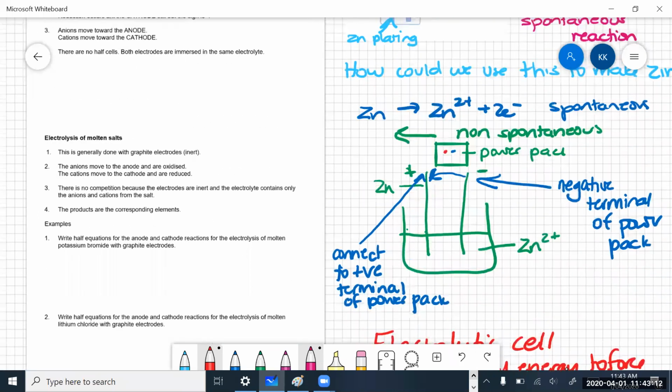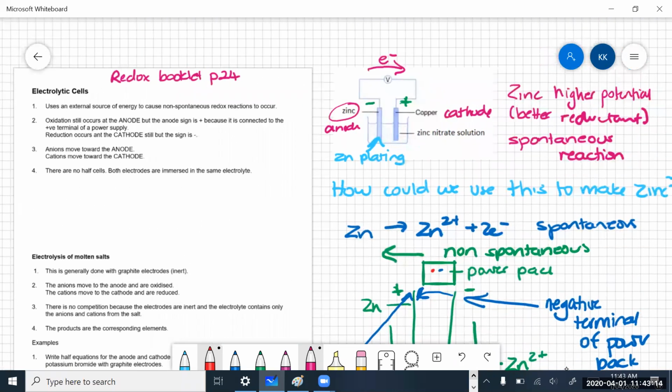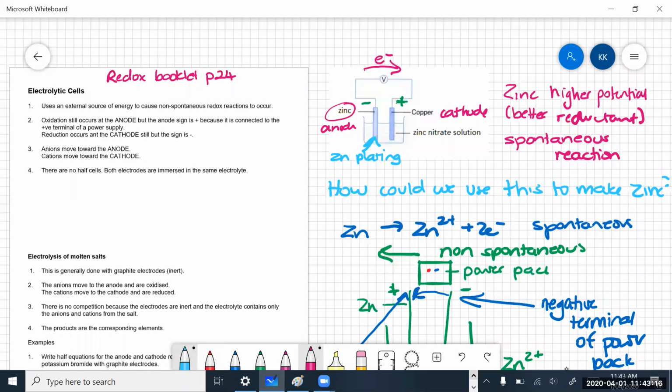If we go to your booklet, notice that we have an external source of energy. That's our power pack. And we're looking at non-spontaneous reactions, so electrons going the non-spontaneous way, or backwards, if you like.